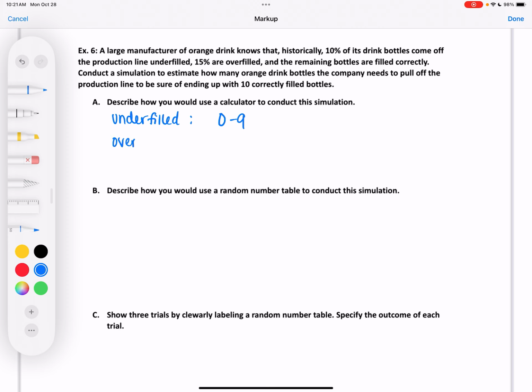Overfilled, 10 through 24, so that would be a total of 15%. And then everything else is correct, so the correctly filled would be 25 through 99.